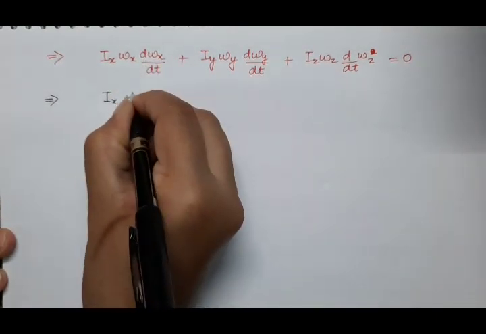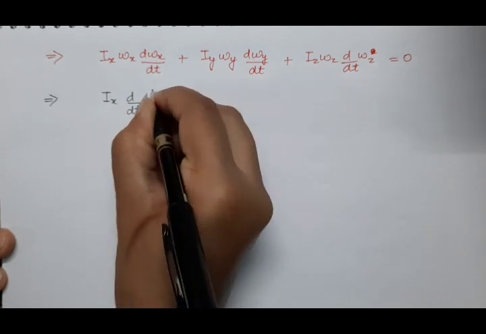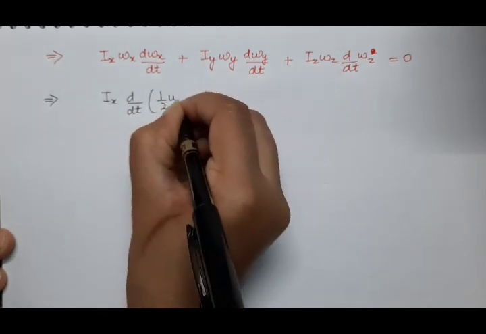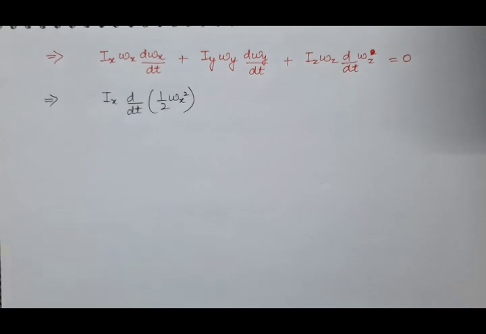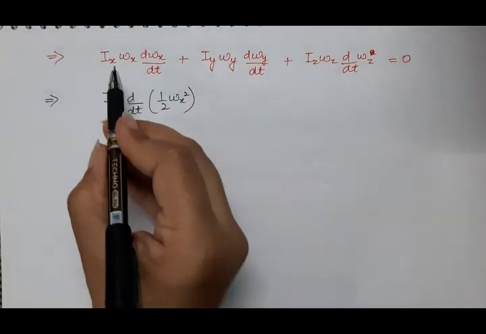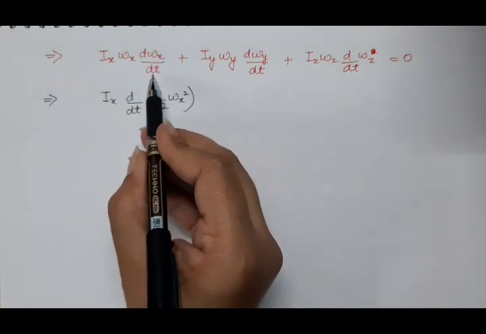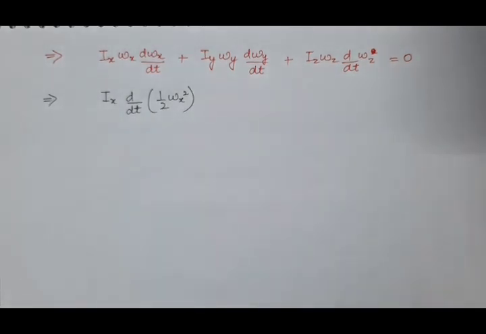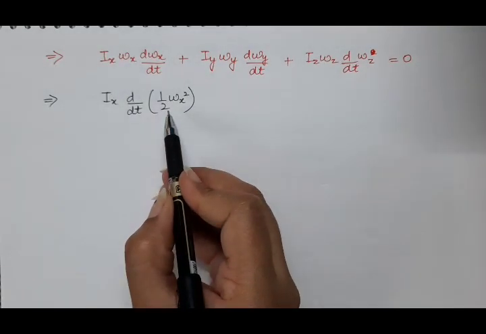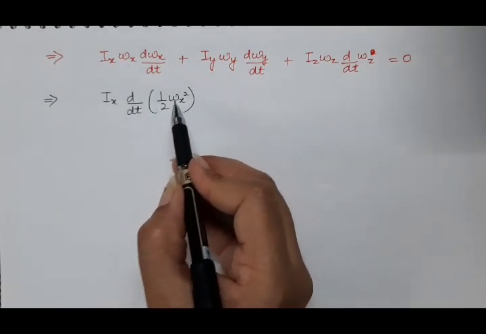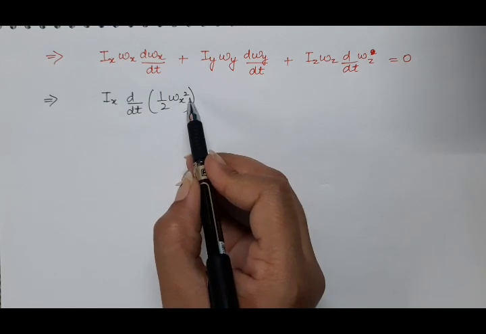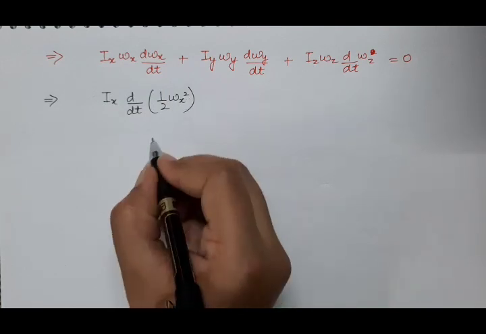Here you can write this as d by dt of half omega x square. Why have I written this omega x into d omega x by dt as this? Because if you perform the differentiation of half omega x square, what will you get?